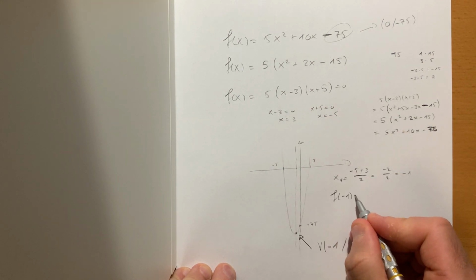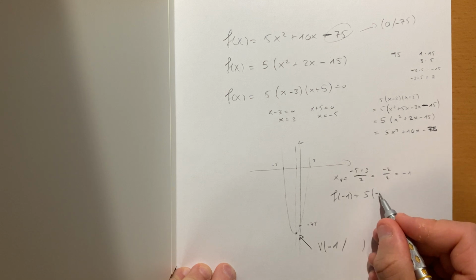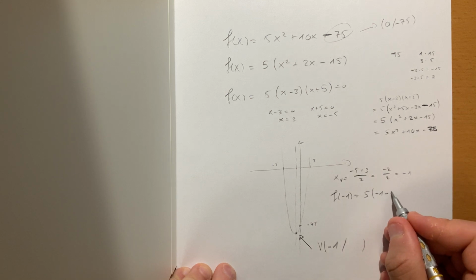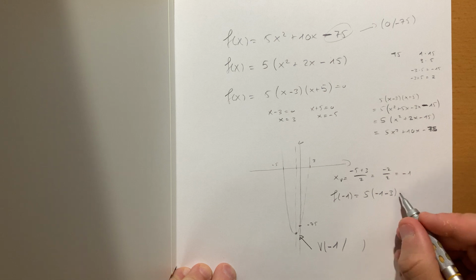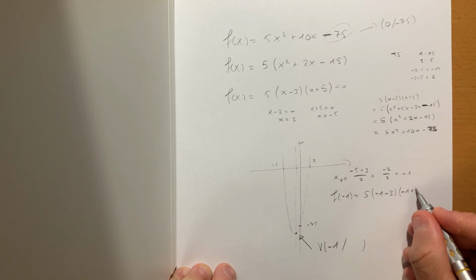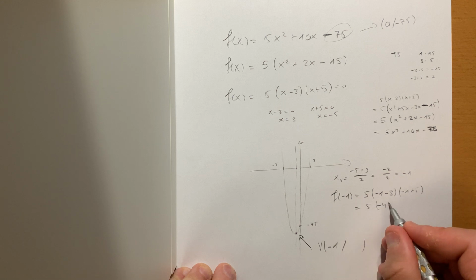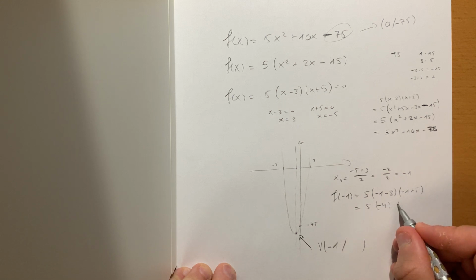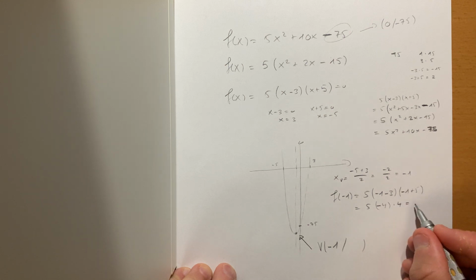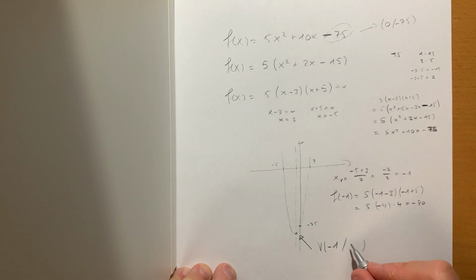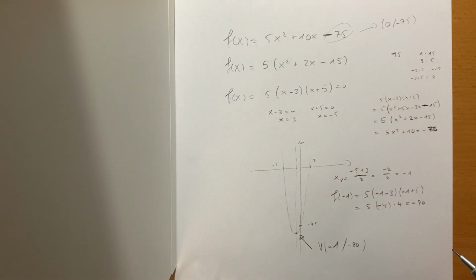F of minus 1 is 5 times minus 1 minus 3 times minus 1 plus 5. This is 5 times minus 4 times 4, so this is minus 16 times 5. That's minus 80. So your vertex will be down at minus 80.